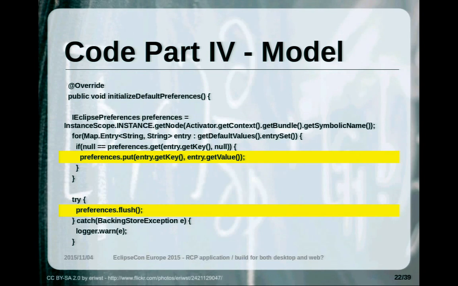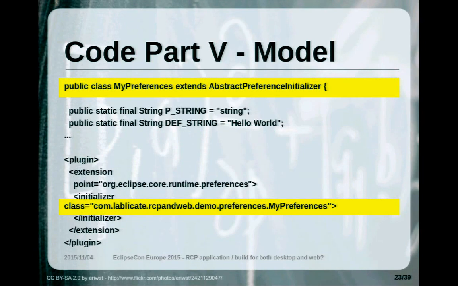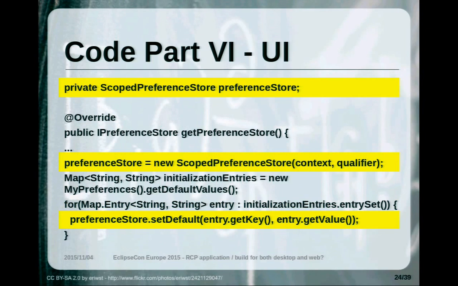Effectively, it just goes through the map we've created and puts the values we defined into the initialized map. Don't forget to flush the preferences at the end of the operation. That's what you see here. We have our preferences in the model bundle, and we have our XML snippet in the plugin.xml in the model bundle, which now initializes our preferences.